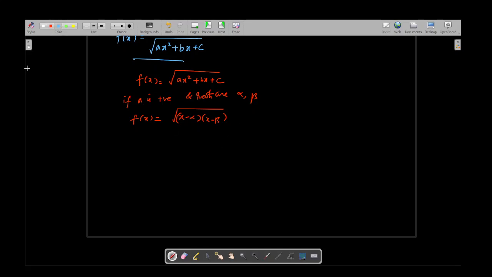So how does the curve look? If the roots are alpha and beta, the curve would look like this. This was in the previous class.